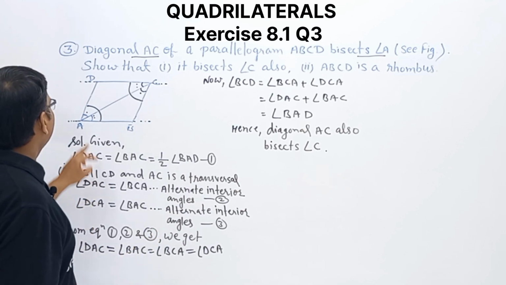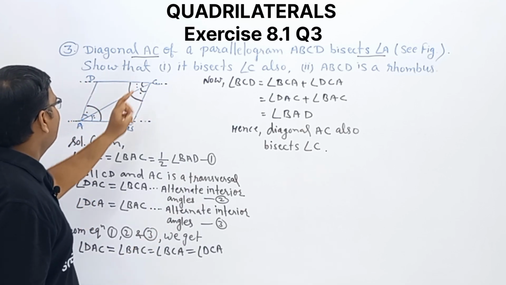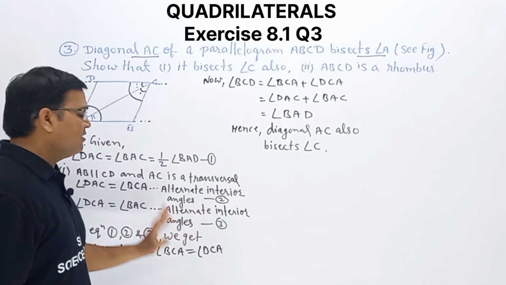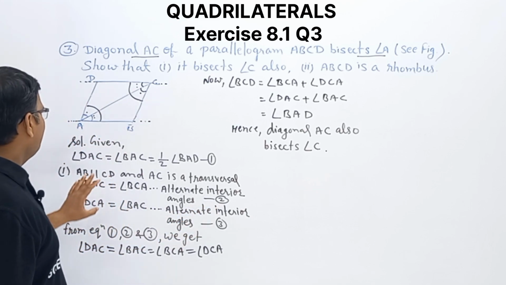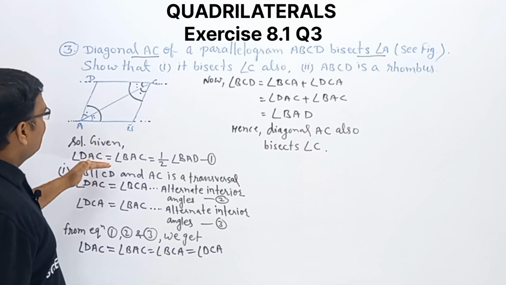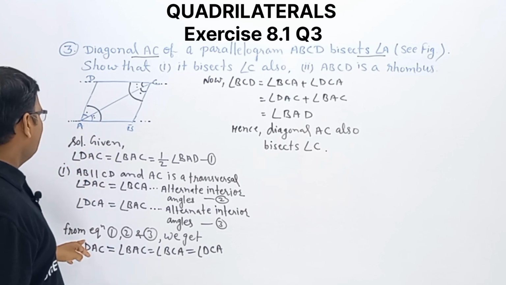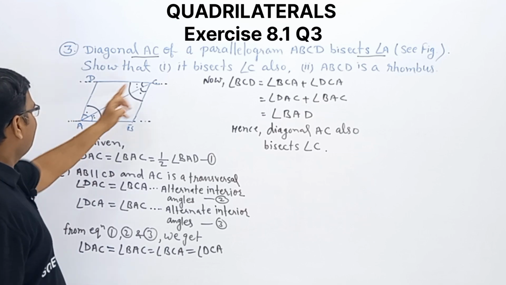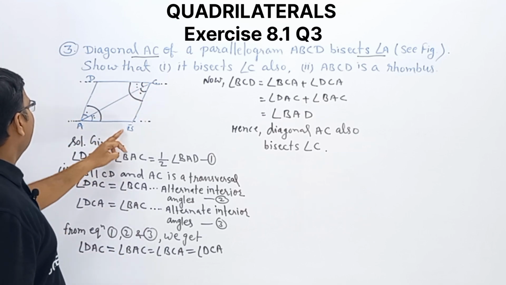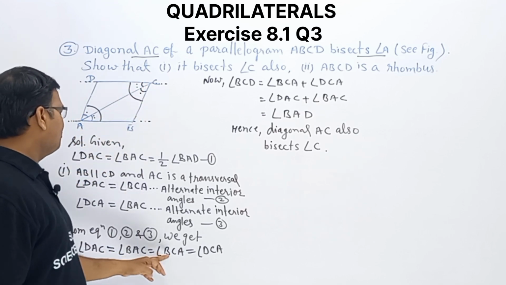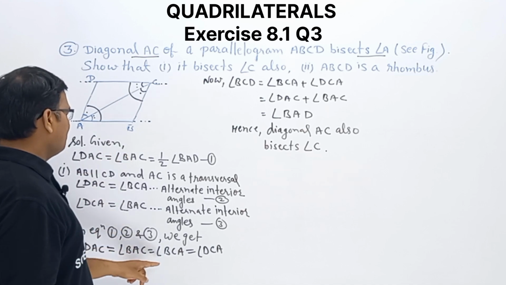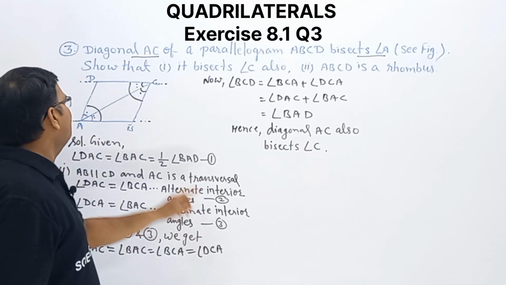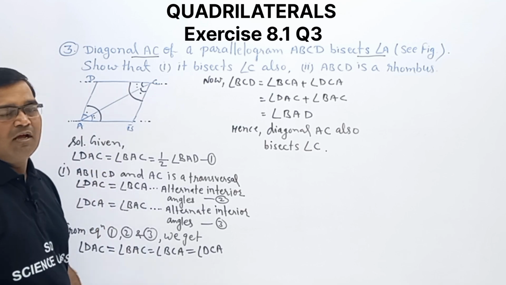Now angle DCA equals angle BAC, alternate interior angles. Clear? Once we observe these three equations, we can say angle DAC equals angle BAC equals angle BCA equals angle DCA.